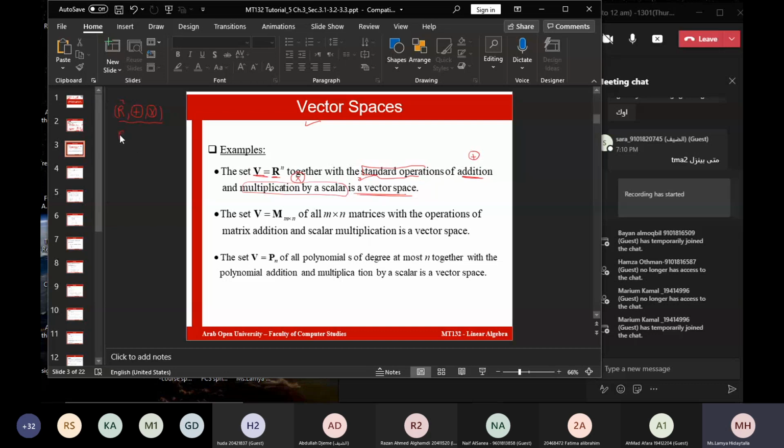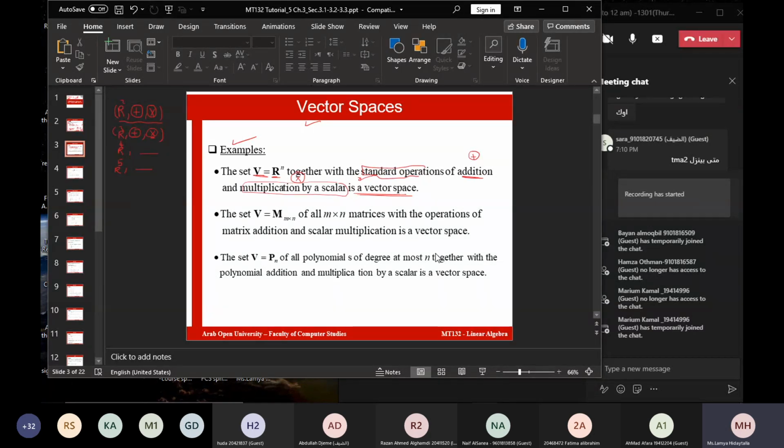Even if you took R3 with the standard addition of two vectors and the scalar multiplication, also if you took R4, if you took R5, he gave it to you now as a theorem or as a rule. Actually, he put it like an example, but you can take it as a theorem.